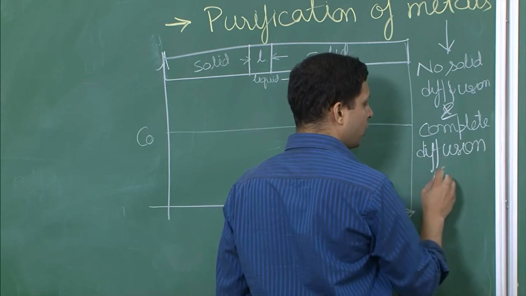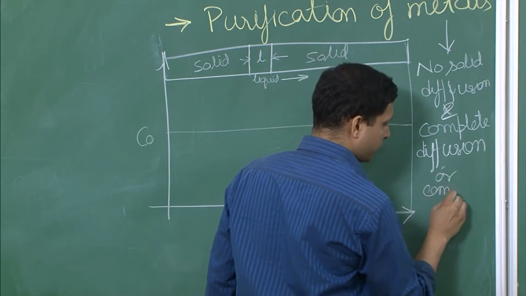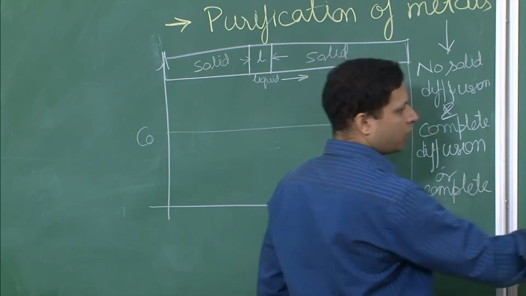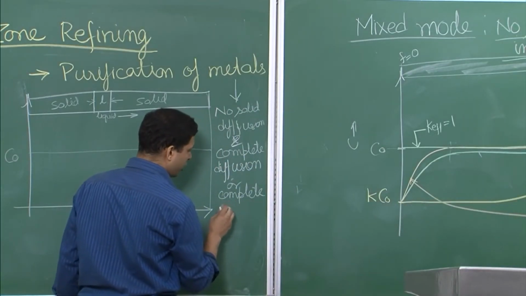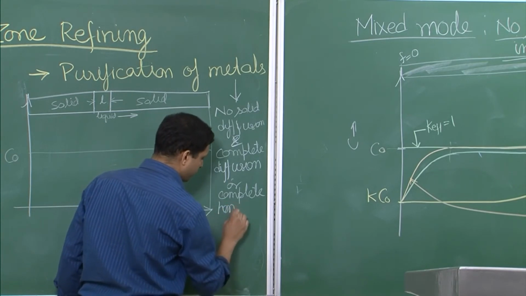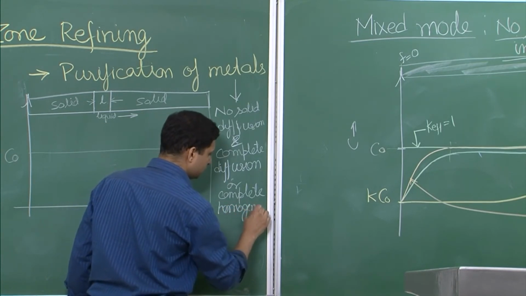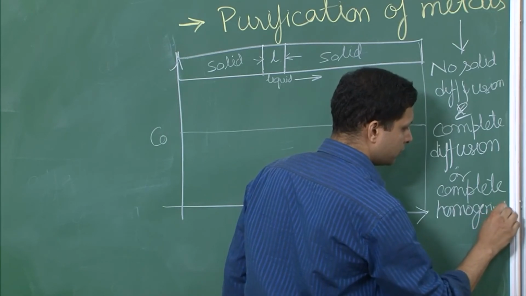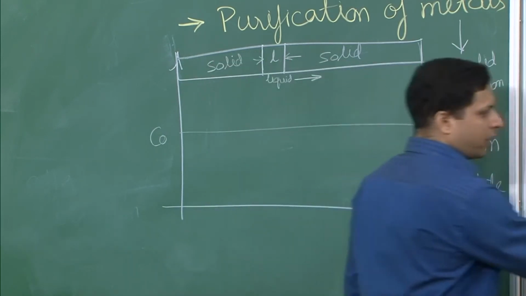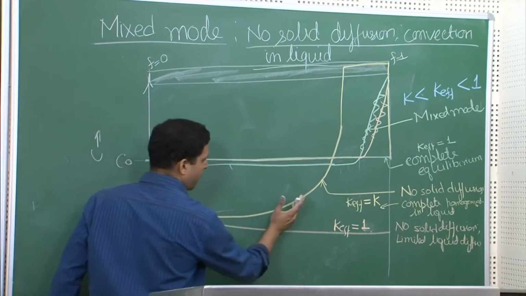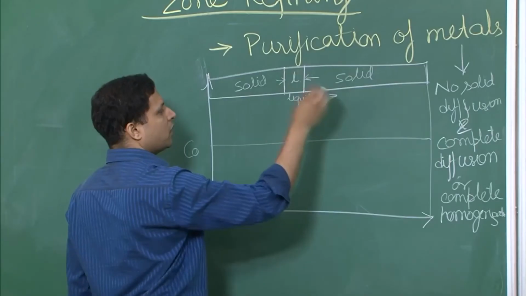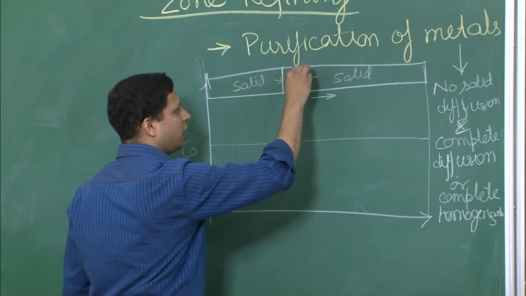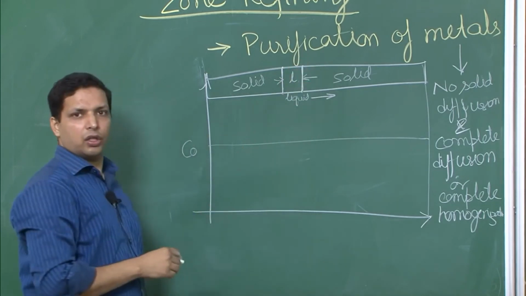Because as you can see, even for complete homogenization in the liquid, you get a very long range of purification. It is for this very large length that you are getting less solute concentration.